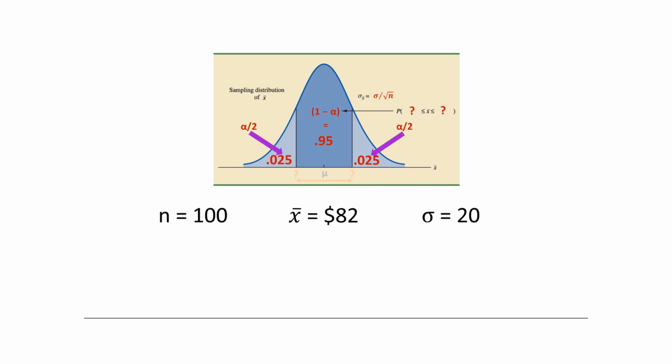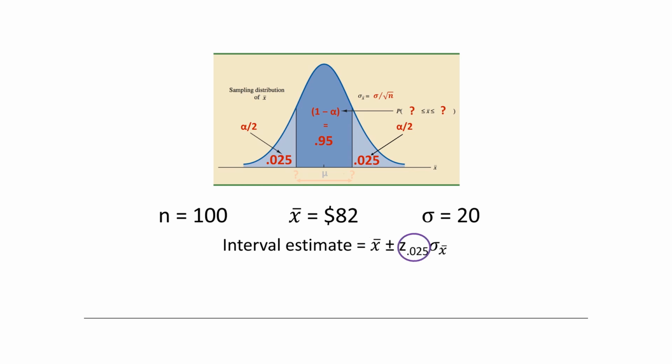So 2.5% of all x bar values are on the left tail of the distribution, and 2.5% of all x bar values are on the right tail of the distribution, beyond the lower limit and upper limit of the interval of x bar values we're trying to get an estimate for. Now, because we don't know what the sampling distribution population mean is, our 95% confidence interval is going to be based on our sample mean.